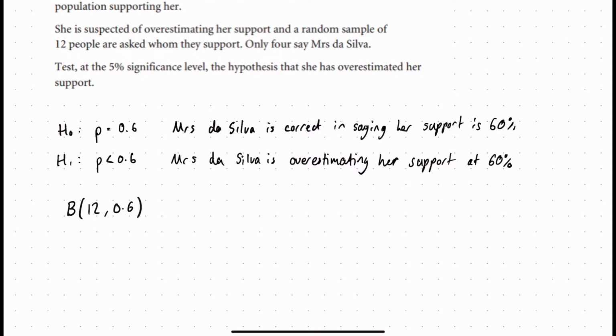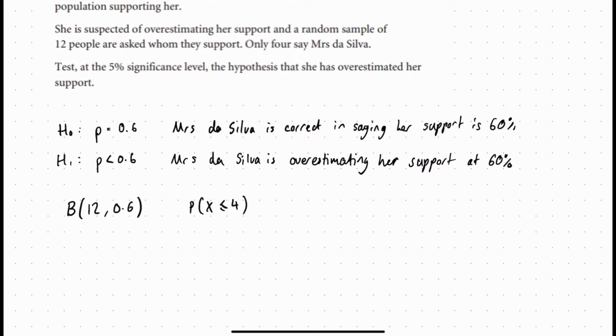And we're told that only 4 say that they support Mrs. De Silva. So you're going to need to use the binomial distribution to find out up to 4 people supporting Mrs. De Silva. So what we're looking at there is the probability that the event is less than or equal to 4.